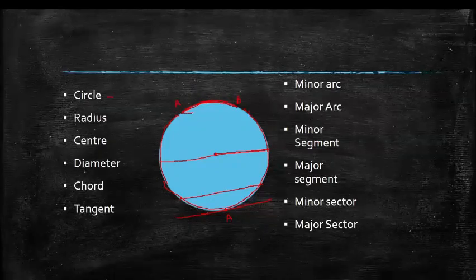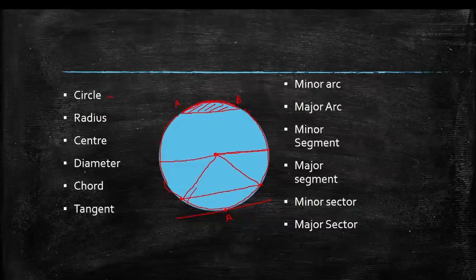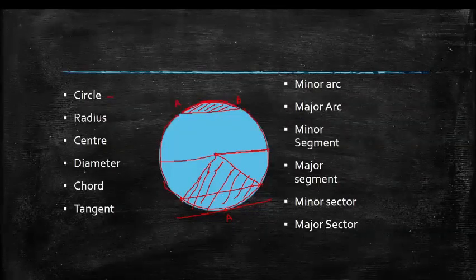The area between the arc and the chord is the minor segment, and the other side area is called the major segment. Then the minor sector: we talked about an arc, 2 radii, and the area between the arc and radii is called a sector. When it is with the minor arc, it is called the minor sector. When it is with the major arc, it is called the major sector. This is everything about the circle.